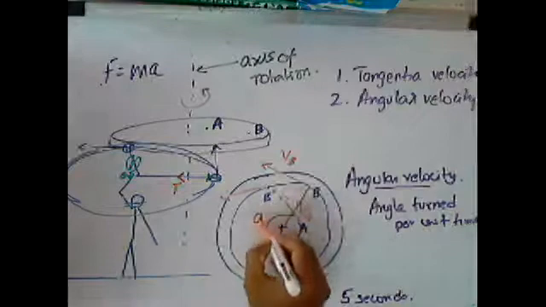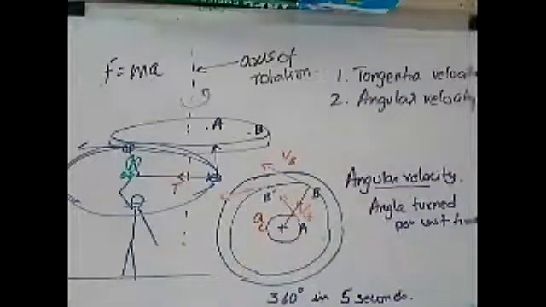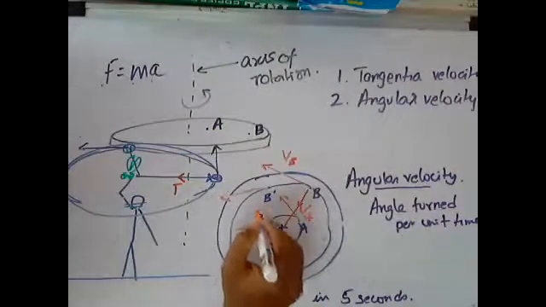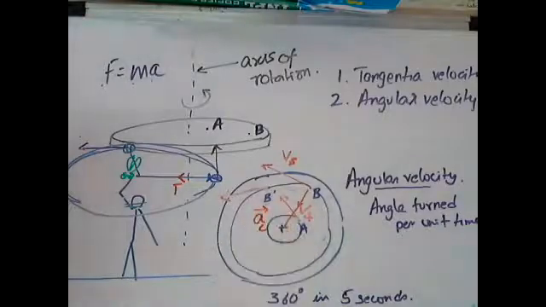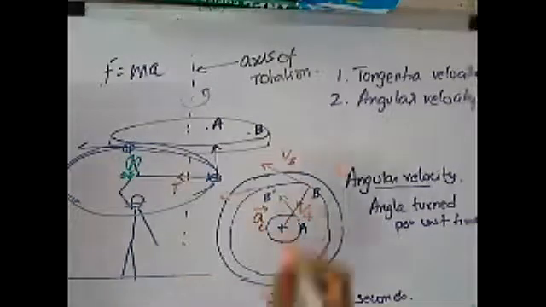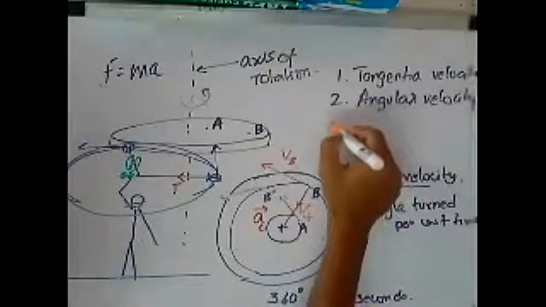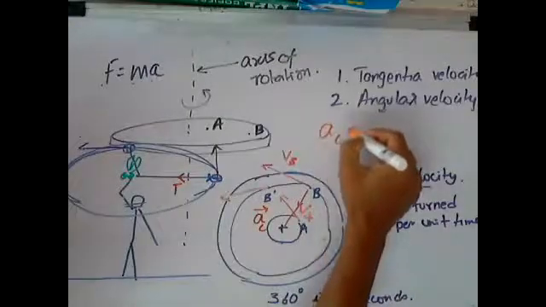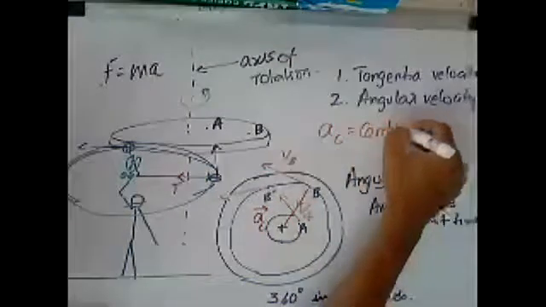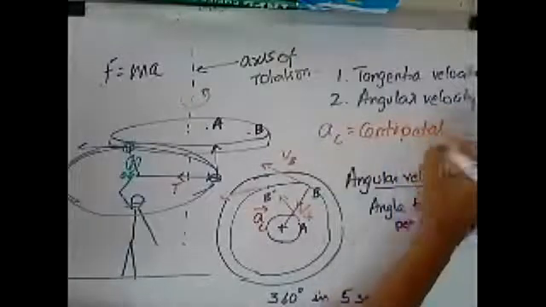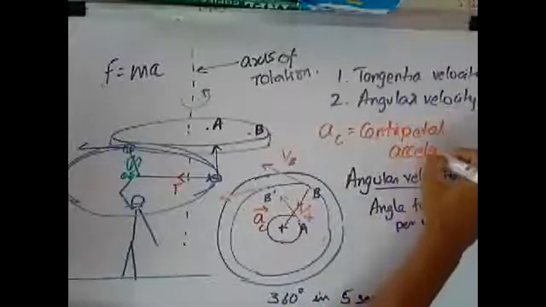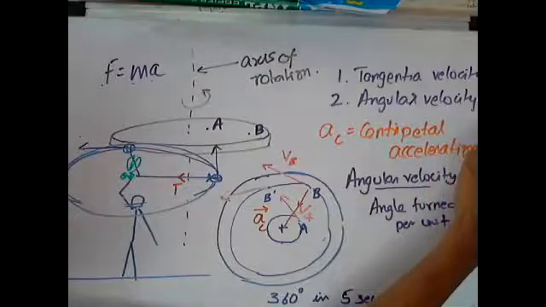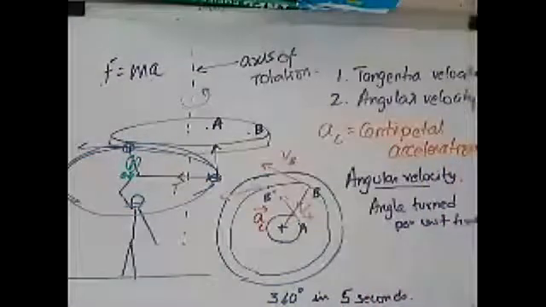It's usually given the symbol a with a c at the bottom, and you draw an arrow on top of it to show that it's a vector. But I'll just write that again over here. Centripetal acceleration.